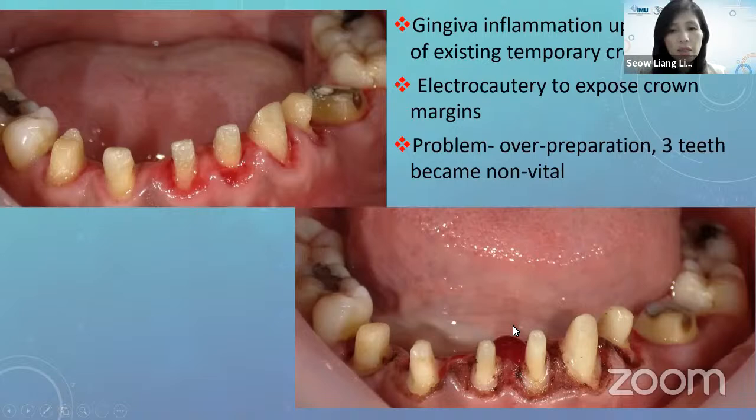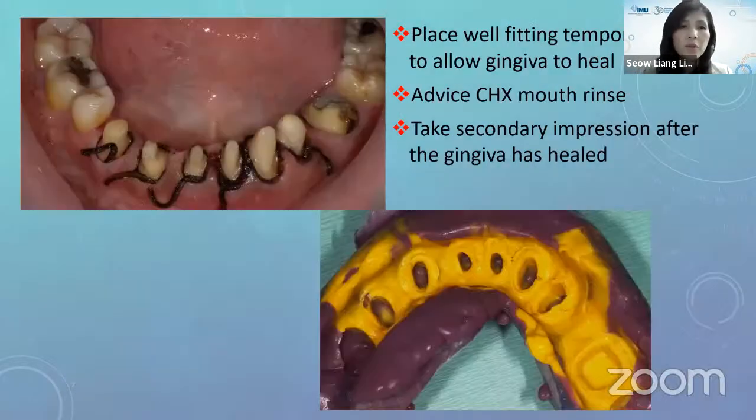So we had to do RCT and then proceed with the treatment thereon. We provided good-fitting provisionals for a period of time, allowing the gingiva to heal prior to taking the impression, because one of the prerequisites for a good impression is good gingival health.